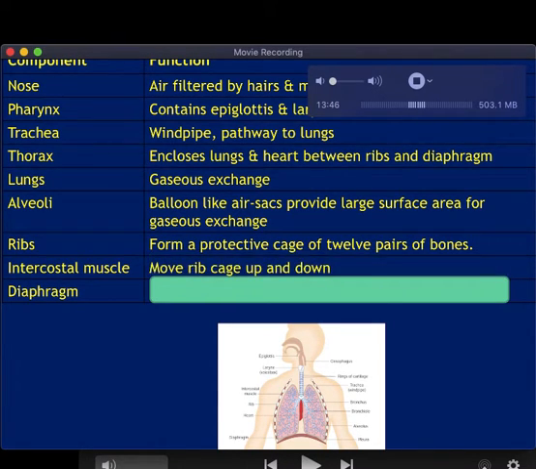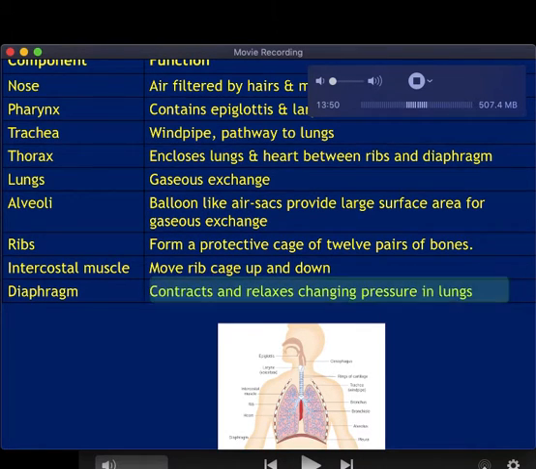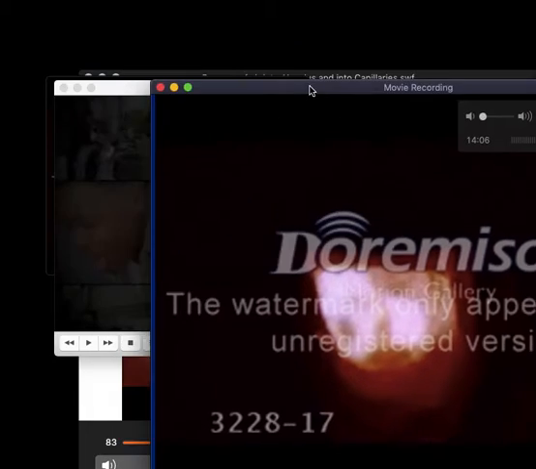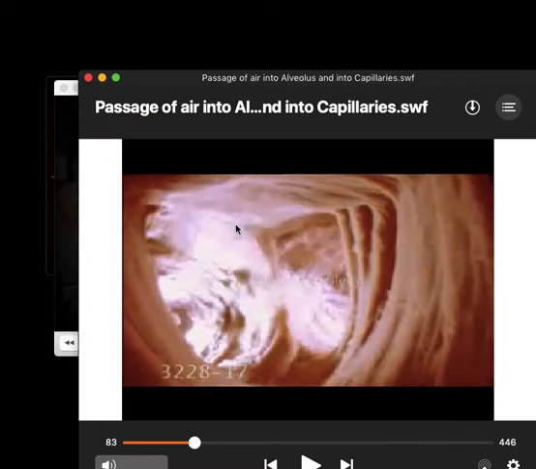Our intercostal muscles are responsible for moving our rib cage up and down, and your diaphragm contracts and relaxes, which changes the pressure in our lungs and will help us either take oxygen in or remove carbon dioxide and water.